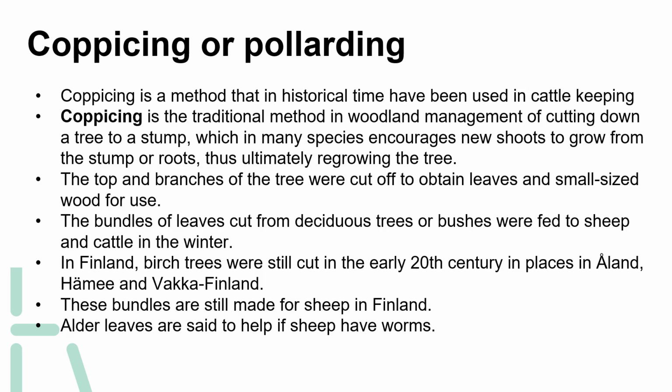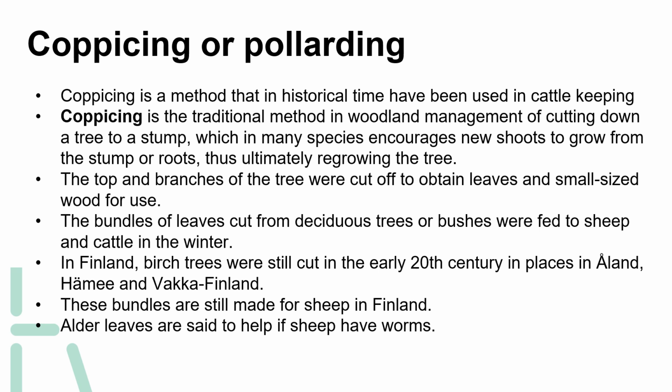Coppicing and pollarding. Coppicing is a method that in historical time has been used in cattle keeping. It's the method in woodland management of cutting down a tree to a stump, which in many species encourages new shoots to grow from the stump or roots. Thus, you will have a quick regrowing of the tree.